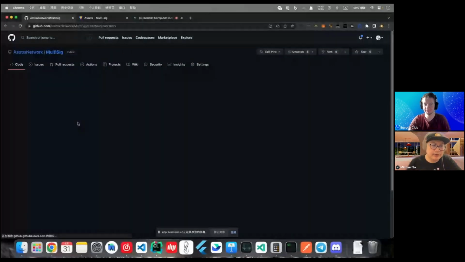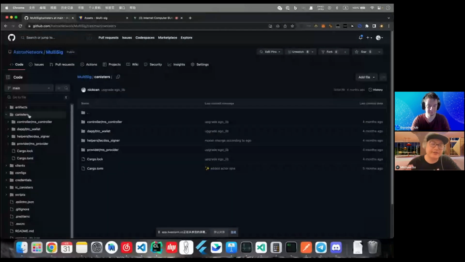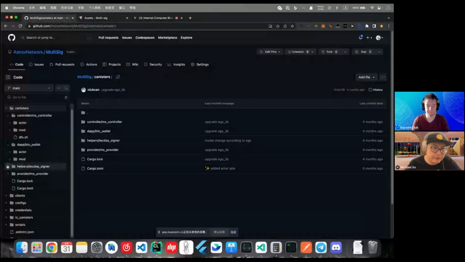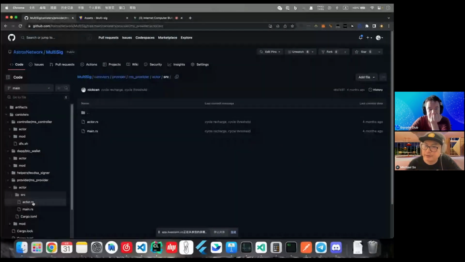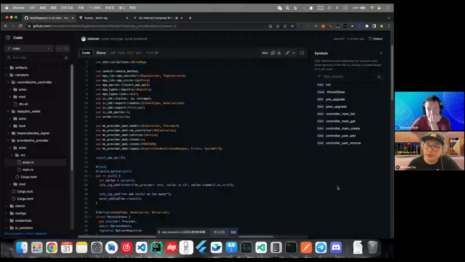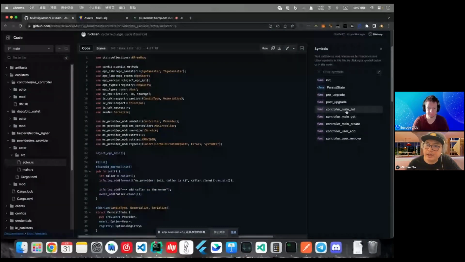So we have canisters here. We are using Rust code to construct all the canisters. Here we have 3 different parts. One is the provider, which is the multi-sig provider. In this provider, we have several functions. We can create as many controllers as possible.